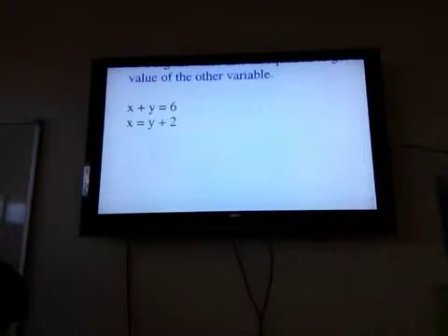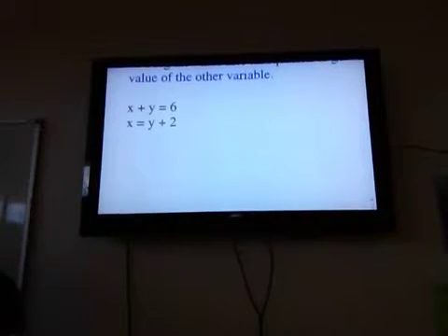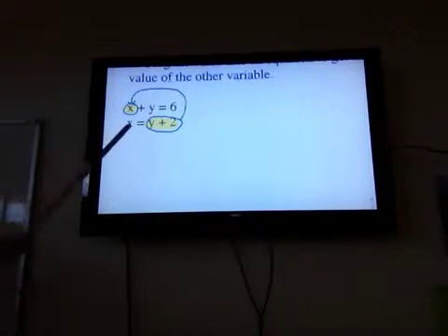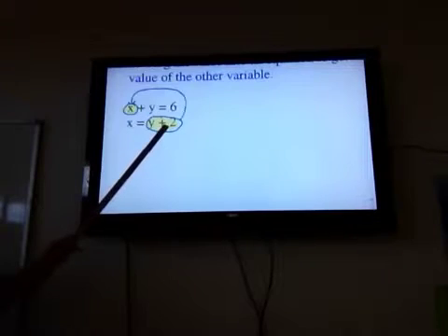Okay? So once you get one of the equations to say x or y equals, I'm going to take that expression and put it into the other equation for my x. X equals y plus 2.